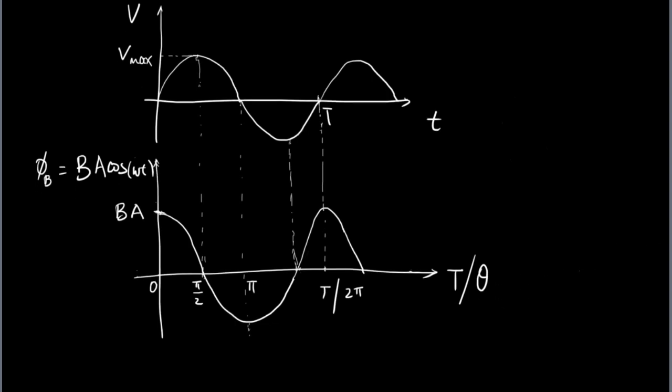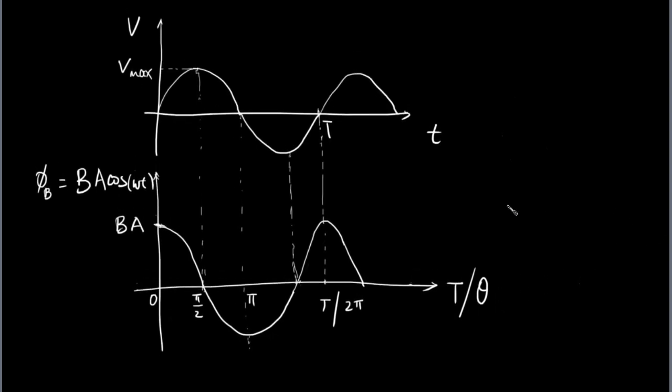So when the loops start to rotate, the angle between vector B and vector A is 0. And that is the maximum phi B at time 0.